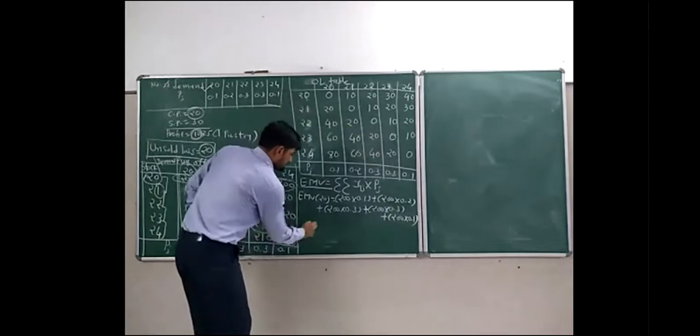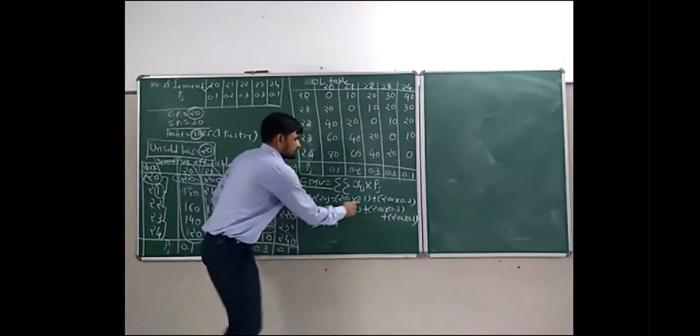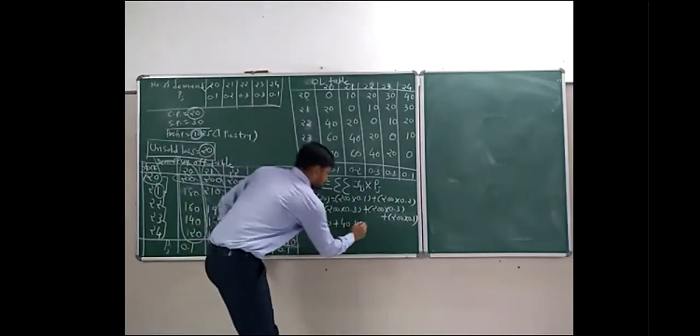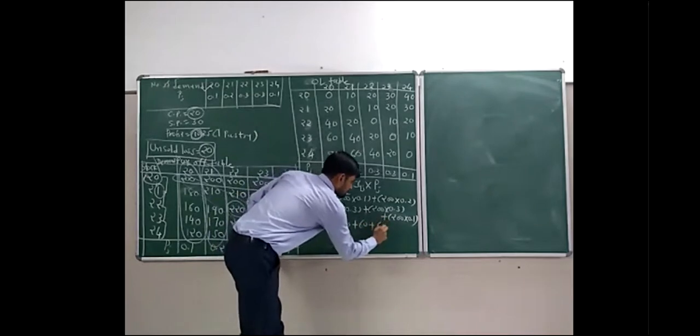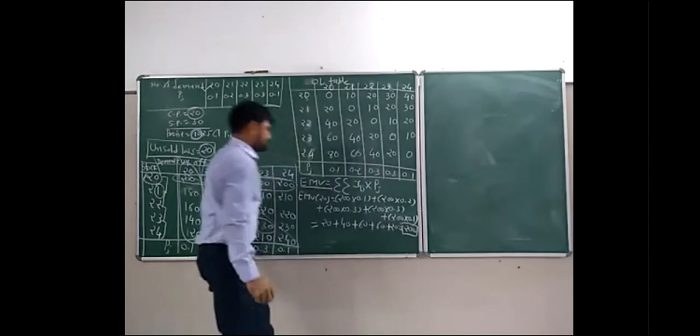Here we'll get 20 plus 40 plus 60 plus 60 plus 20. Again, if you add, you'll get 200.